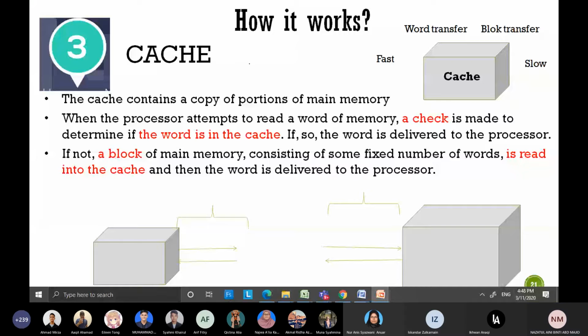The cache contains portions of main memory. The processor attempts to read a word. A check is made to determine if the word is in the cache. If so, the word is delivered to the processor. If not, a block of main memory consisting of some fixed number of words is read into the cache, and then the word is delivered to the processor.